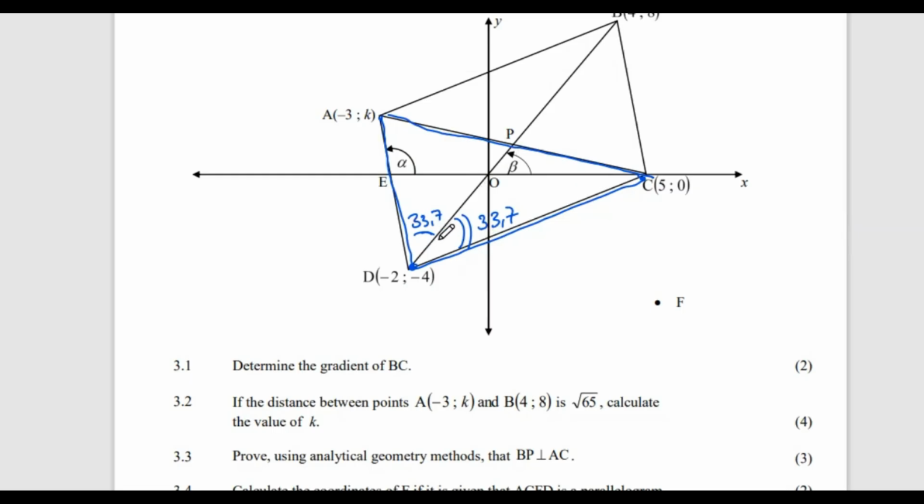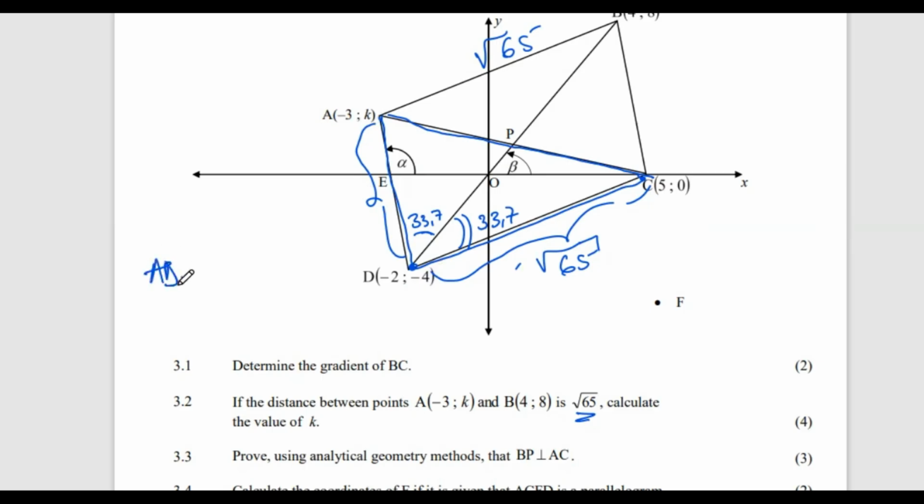If that is true, we can find this distance AD, and we can also get the distance DC. What did they tell us? They told us that the distance was root 65. So we have this as root 65. We only need the distance of AD.